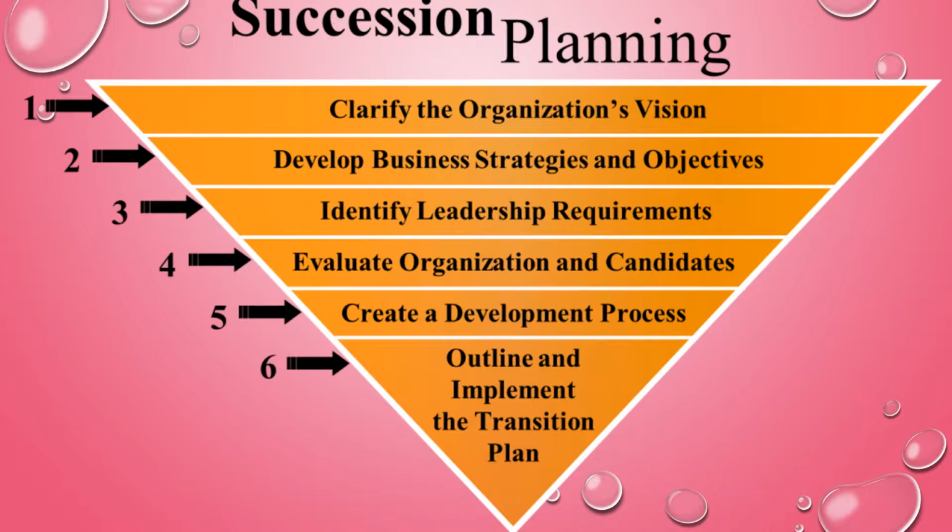First is to clarify the organization's vision, develop business strategies and objectives, identify leadership requirements, evaluate the organization and its candidates, create a development process, outline and implement the transition plan. In number 6, you will also monitor the succession plan and make changes as necessary.